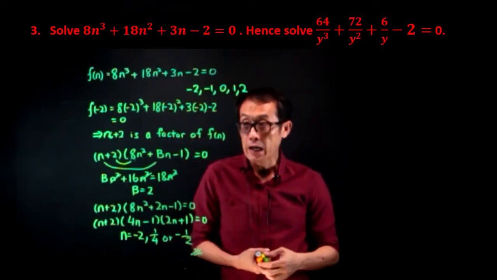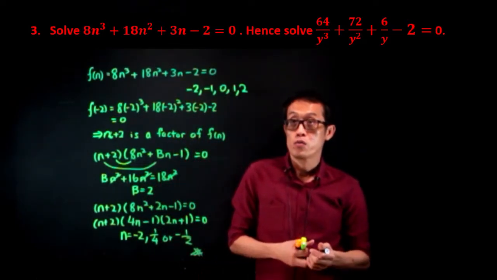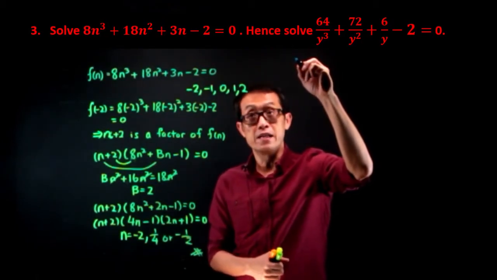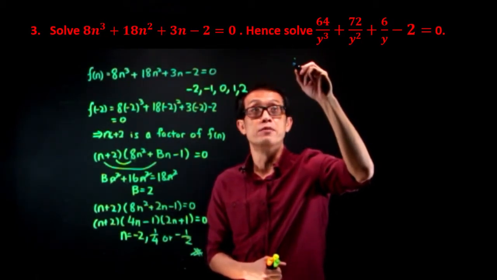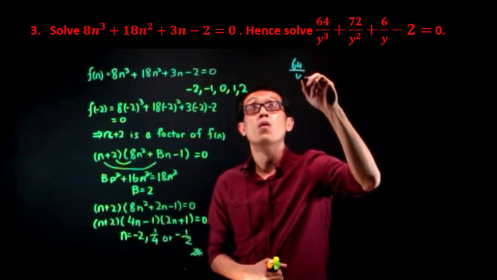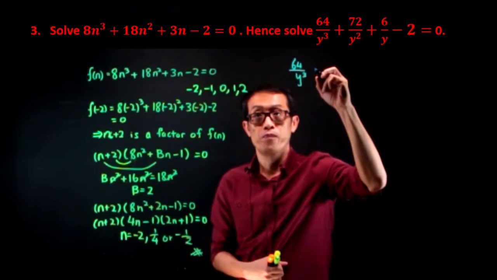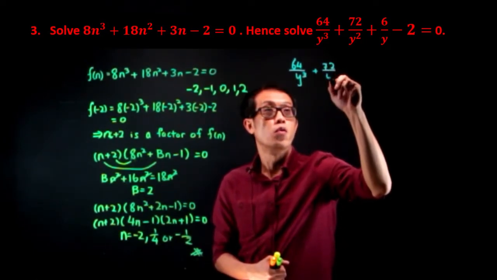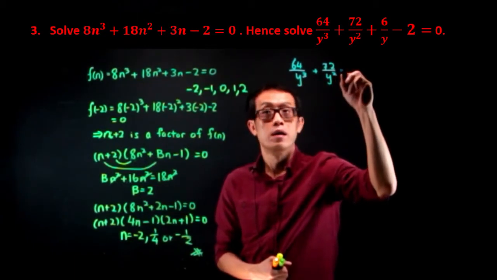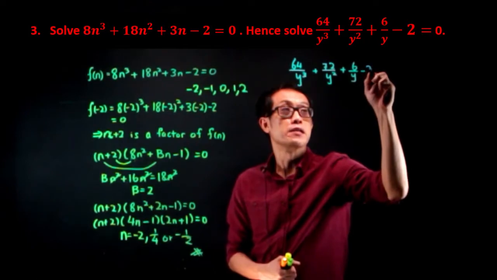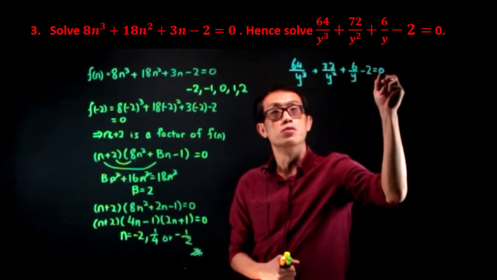Now the second part, we are asked to solve another equation that is given by 64y cubed plus 72y squared plus 6y minus 2 equals 0.